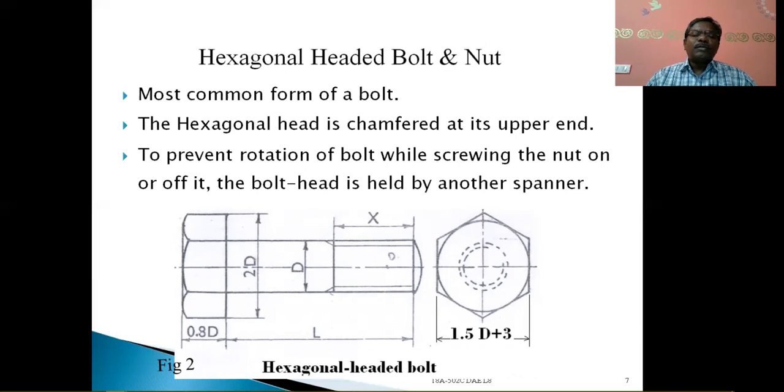That means screwing into the nut or unscrewing of it, the bolt head is held by another spanner, right? So this is a small piece of information about hexagonal headed bolts.